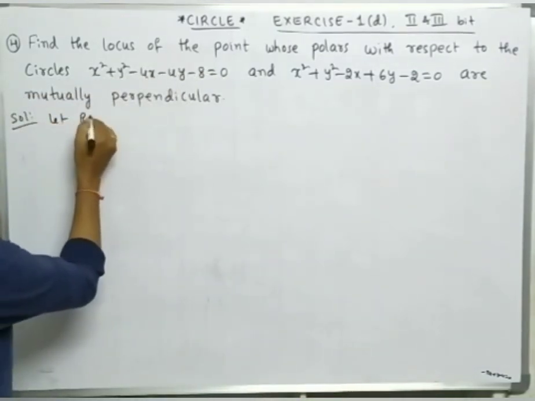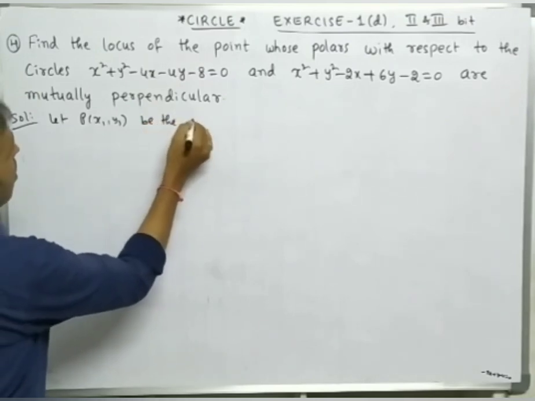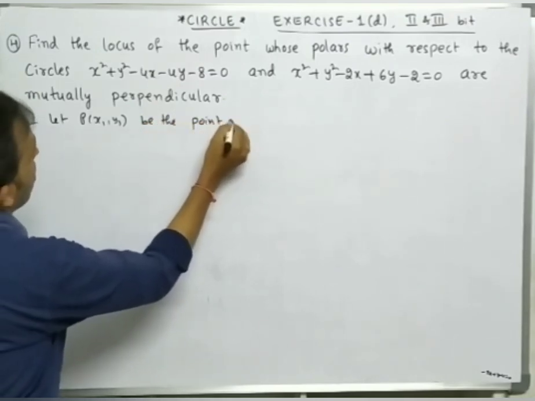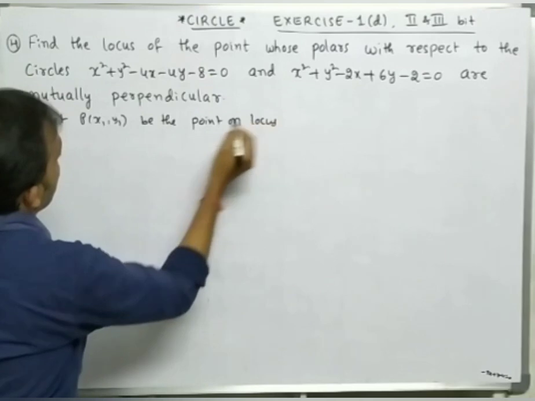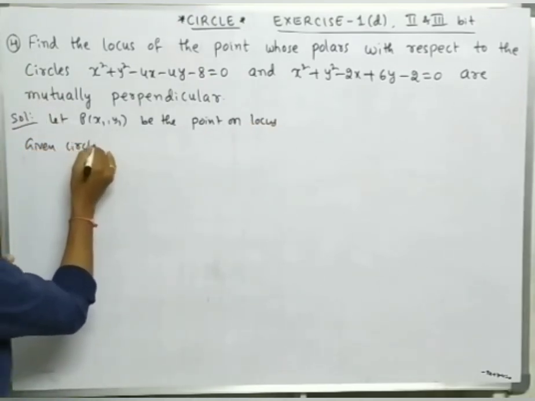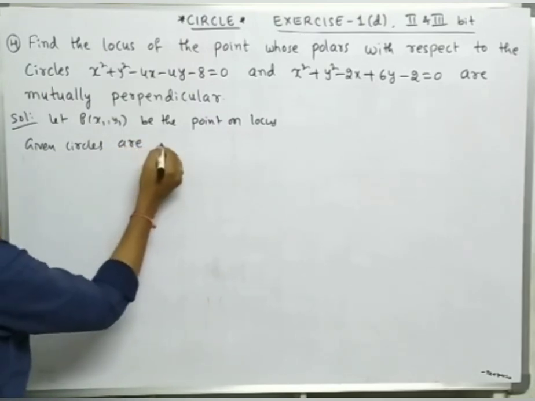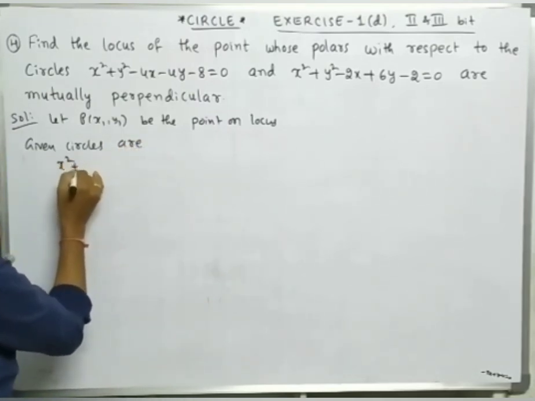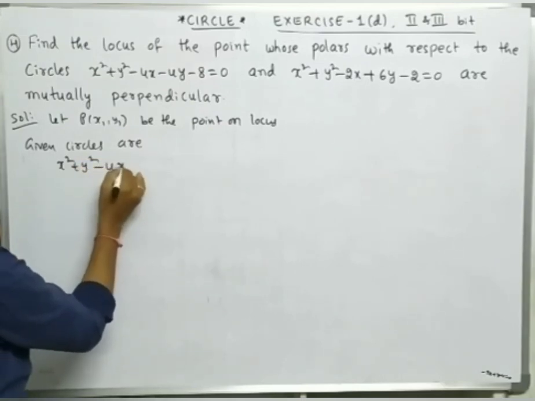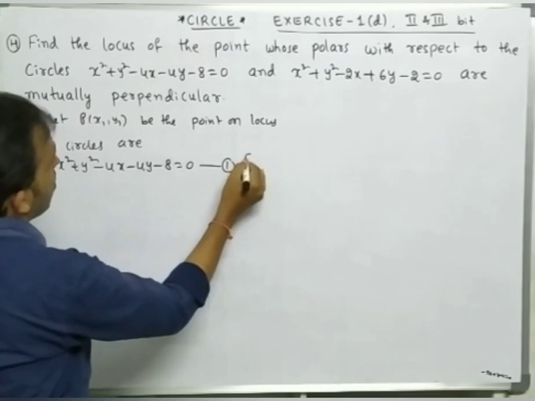Okay, let P(x1, y1) be the point on the locus. So the given circles are, one is x square plus y square minus 4x minus 4y minus 8 equals 0. This is equation number 1.